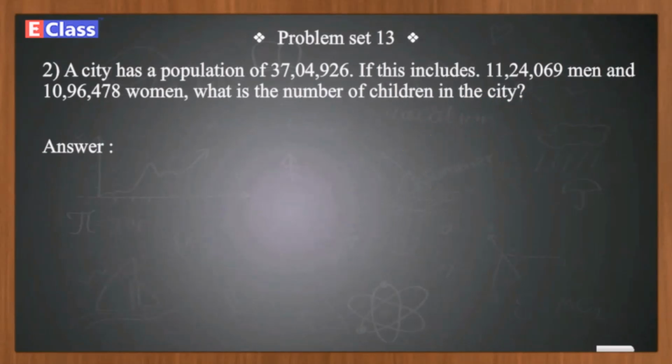We have to subtract the total number of men and women from the total population of the city to know the number of children. Then, let's start solving the problem.